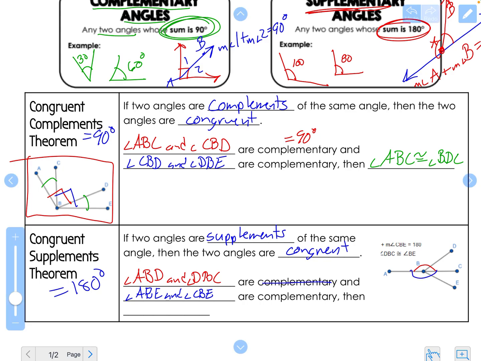Sorry, that's supposed to say supplementary. I forgot to change it when I copied the text. So if I know that those two are supplementary, then I know that DBC and CBE are congruent.